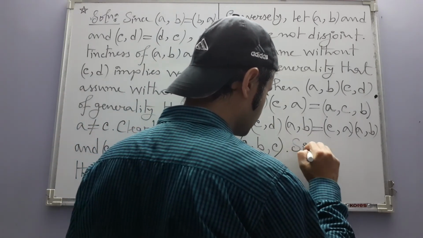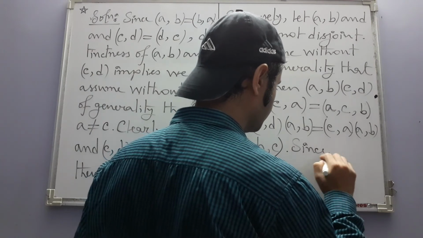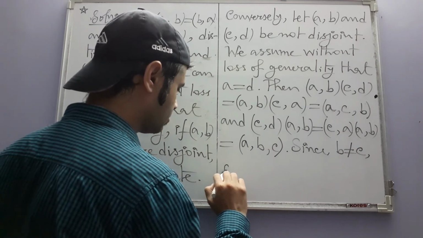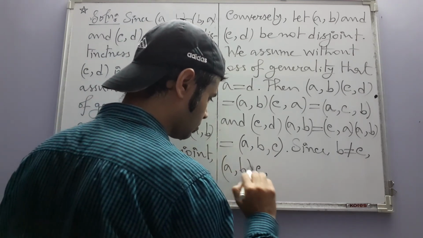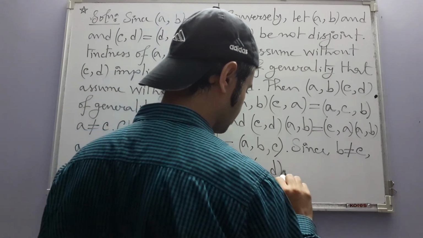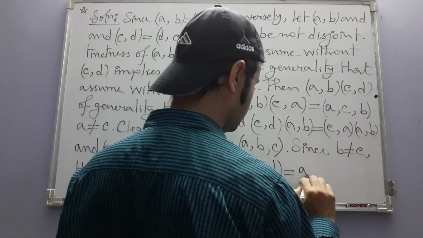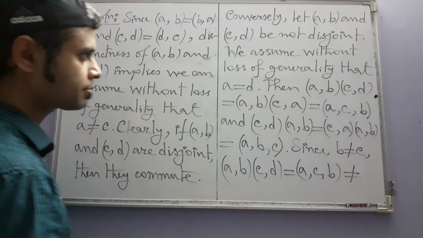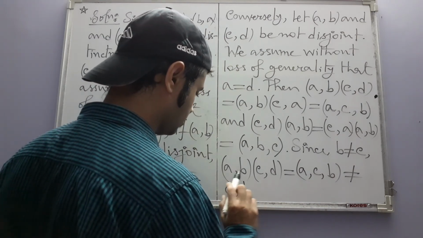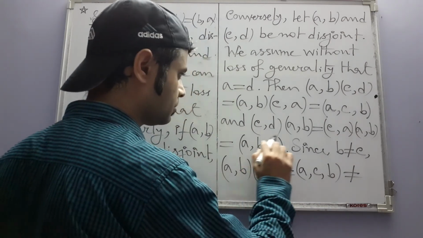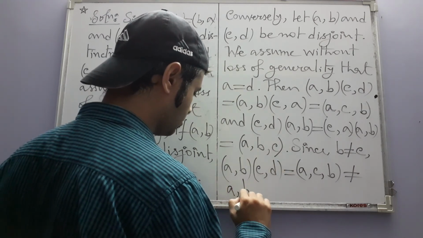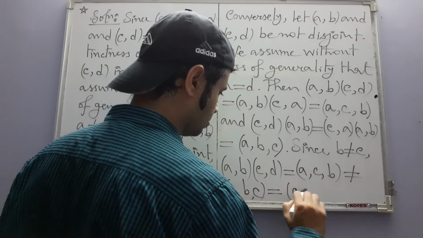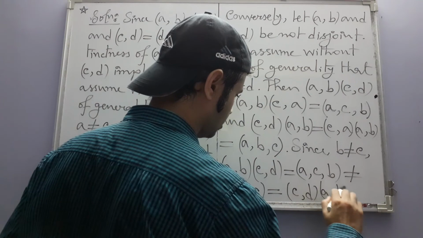So since, let's just write that also, since B is not equal to C, ACB is not equal to ABC, which is equal to CAB.